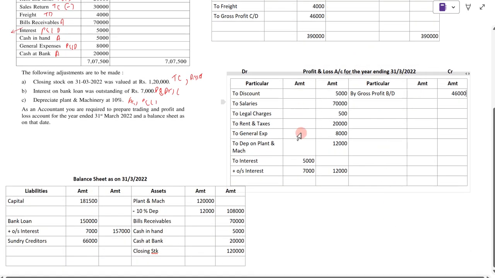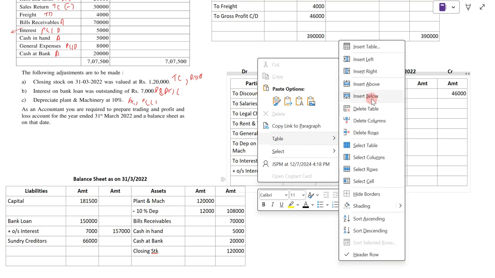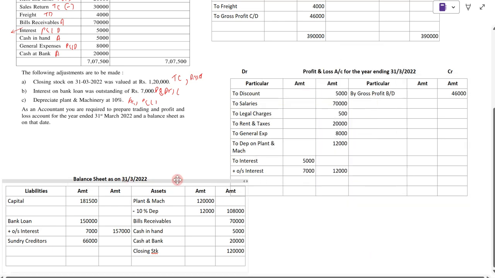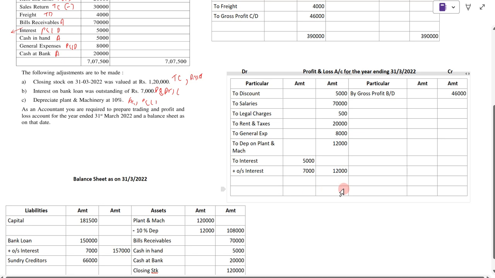Okay. Now you can see the total of debit in profit and loss account. The total of debit side is more than the credit side of the profit and loss account. So that means this is a loss. We have net loss. The total of debit side is 1,27,500 and the difference of debit side and credit side is 81,500.